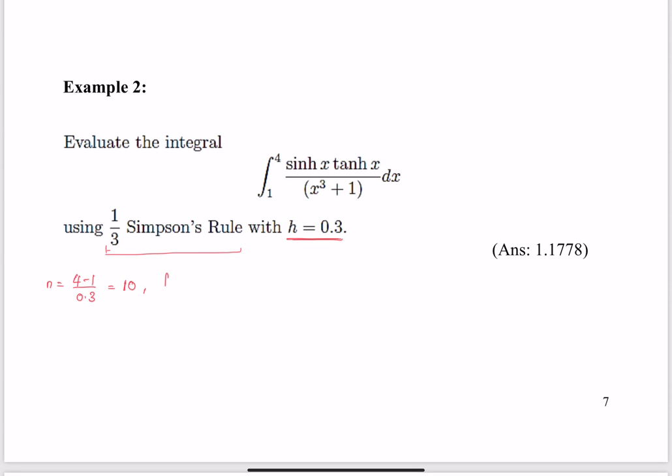And our f(x) is equal to sin x tan x divided by x cubed plus 1.